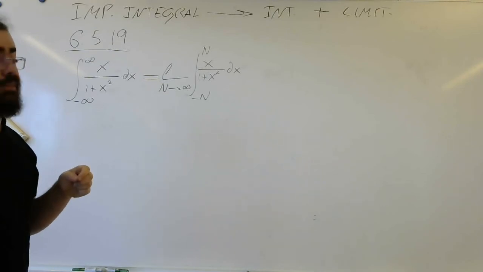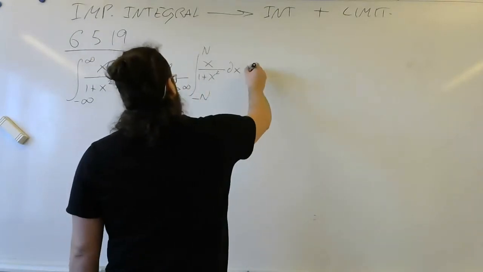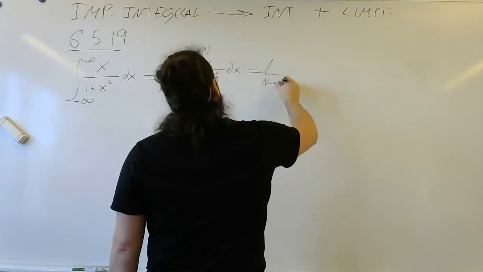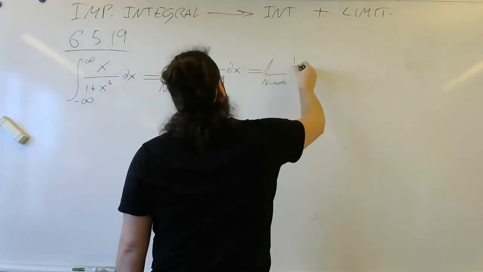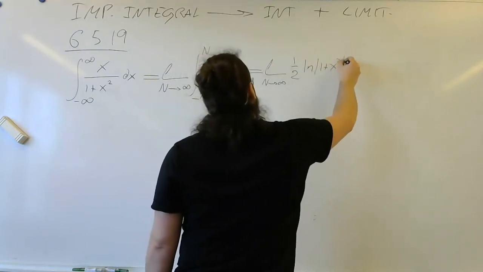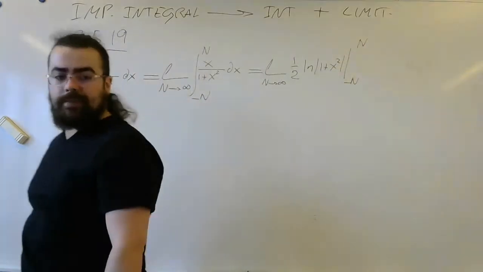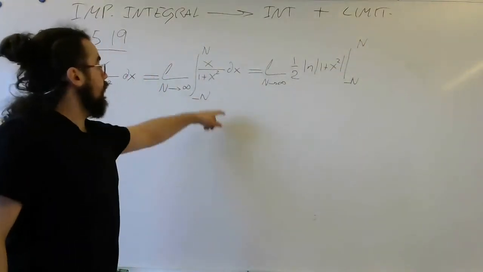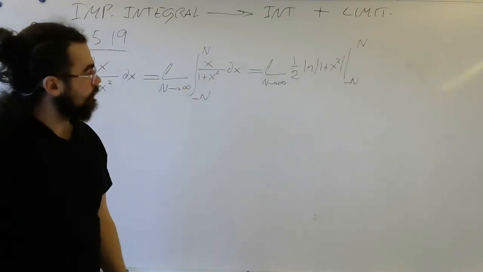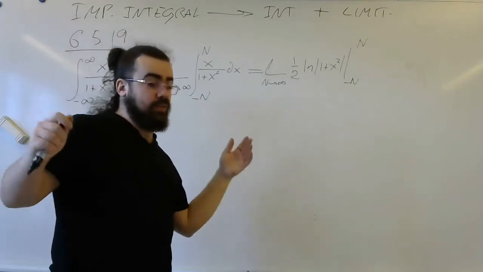And let's see what happens. From here, we have that the integral is immediate. The numerator is the derivative of the denominator. So first, ridiculously obvious thing that we notice.